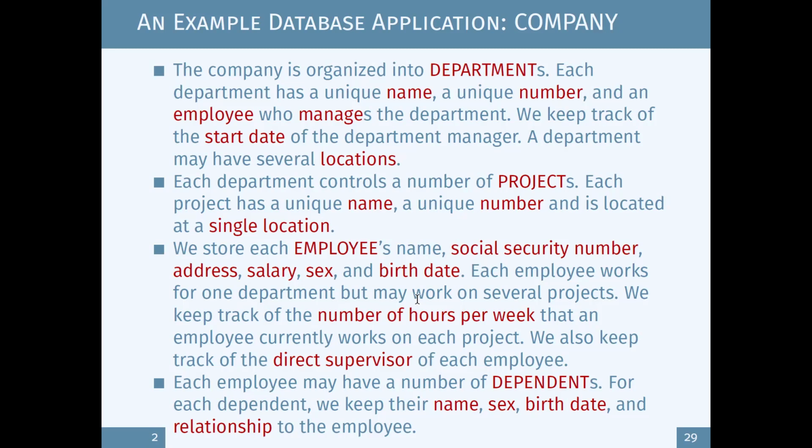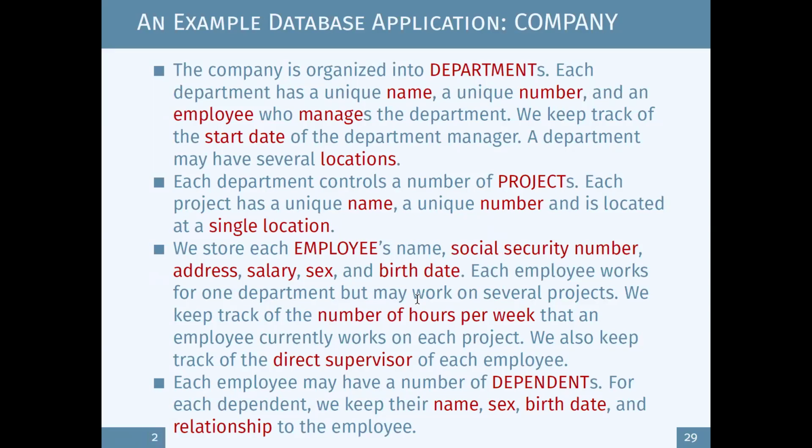When you're given a description like this, you should identify the main concepts I discussed earlier, which means you should identify entity types, right? If you look at this description, the entity types are capitalized. For example, in the first sentence, you can see department.